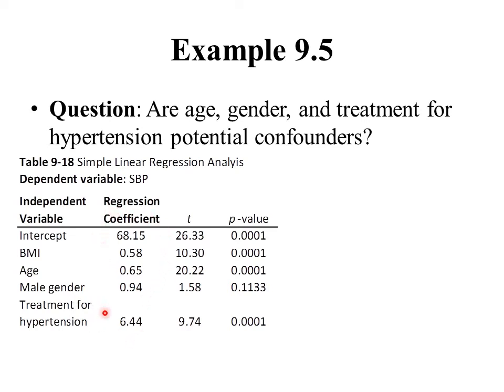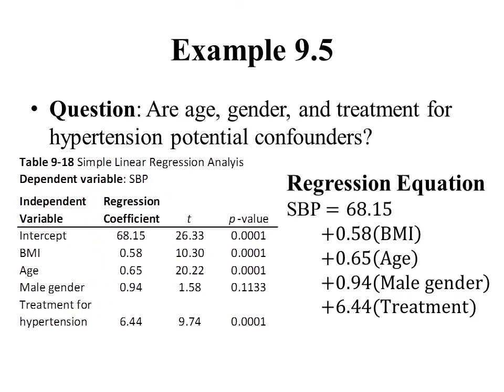They calculated these regression coefficients just like we did in our previous example. Putting these together, we get our multiple regression equation that says systolic blood pressure is our intercept plus 0.58 times BMI plus 0.65 times age plus 0.94 times male gender plus 6.44 times treatment.